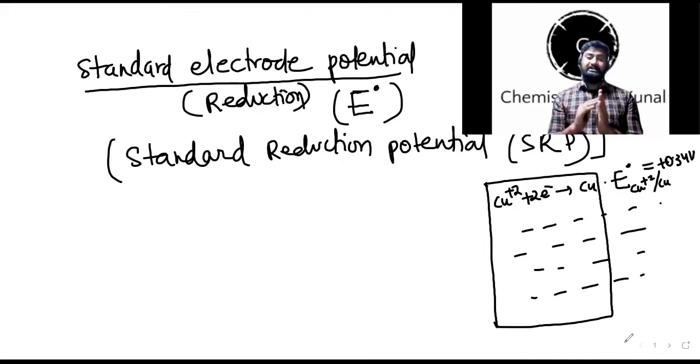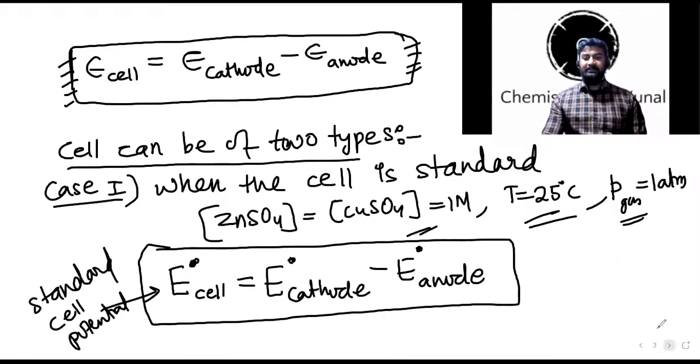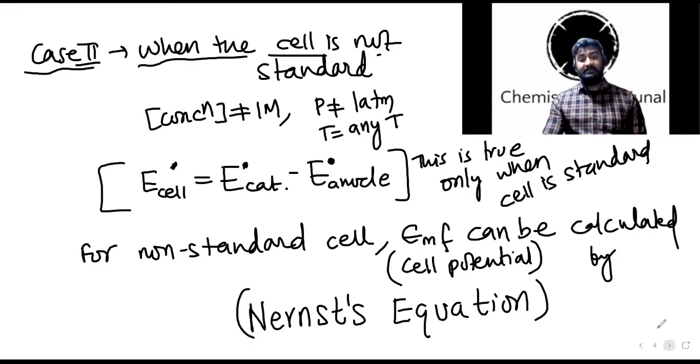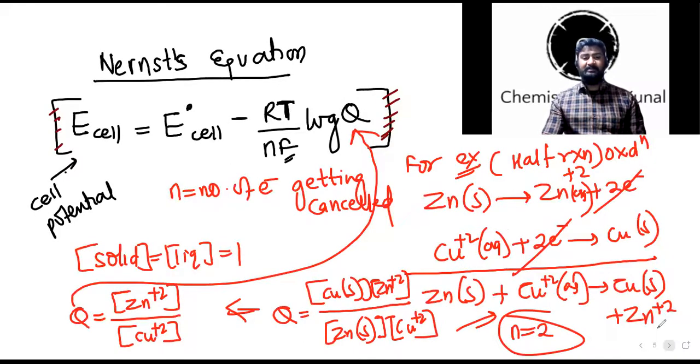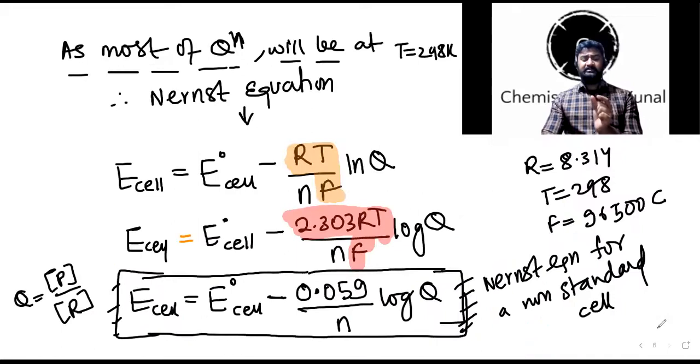What is cathode, what is anode, where reduction takes place, where oxidation takes place, right? Now we have also studied how to find E naught cell, how to find E cell, the Nernst equation, the meaning of the symbols in the Nernst equation, the meaning of N, the meaning of Q, and all these things. So these are the things we discussed today.